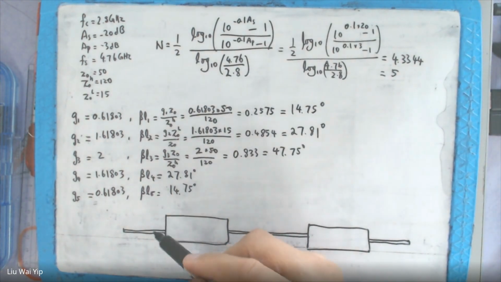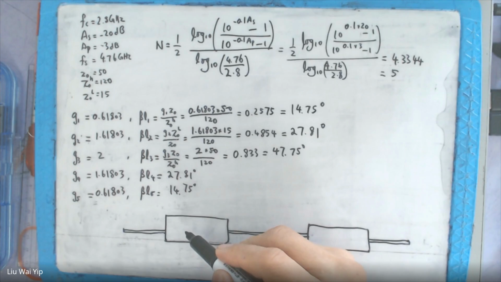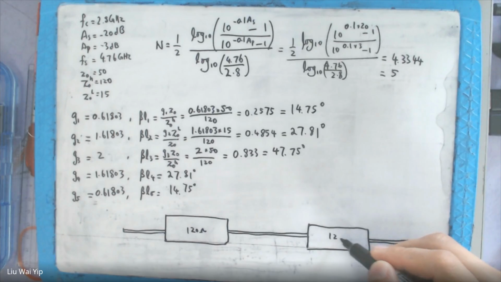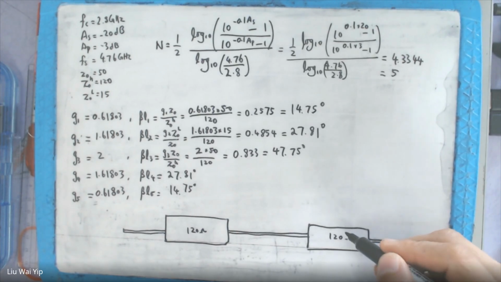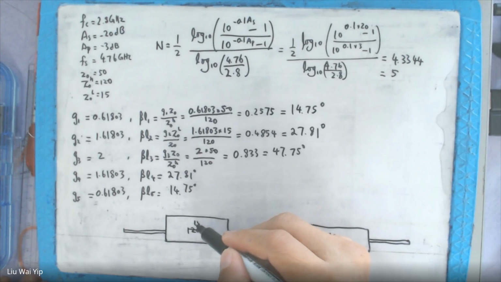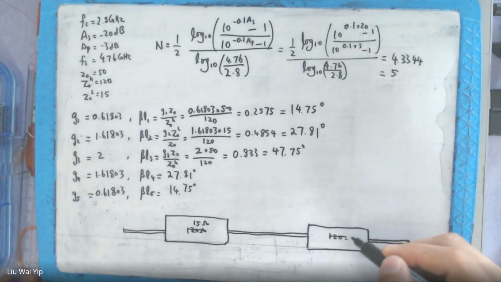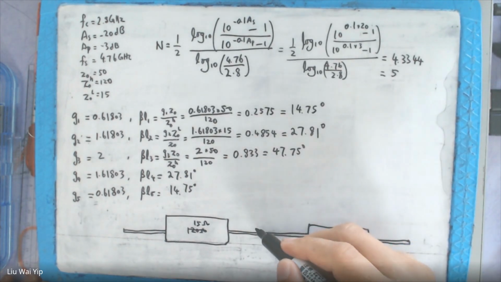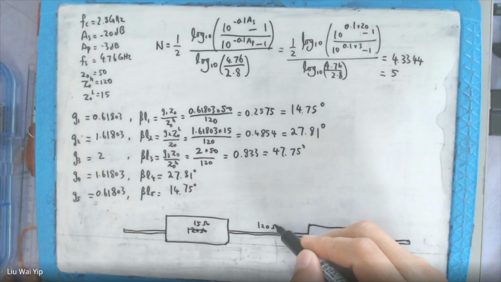So you have 120 ohm, 120 ohm. Oh, sorry, should be 15 ohm, 15 ohm. Yeah, 15 ohm. So this one is 120 ohm.